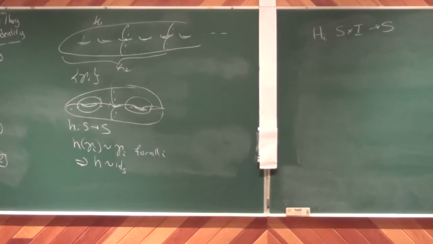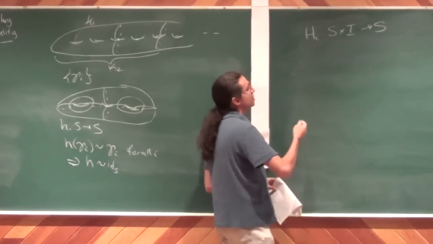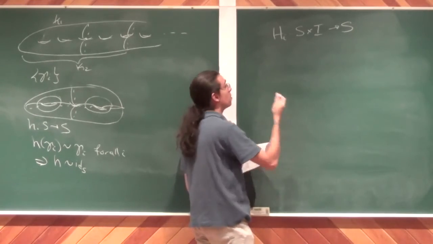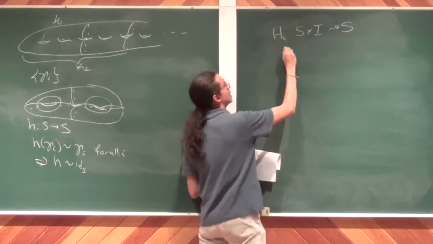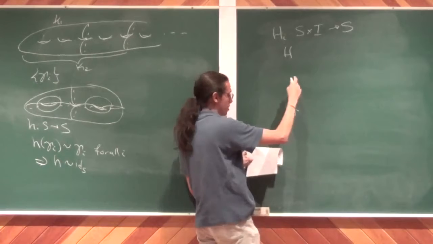We found that, using Alexander's lemma, we could find enough homotopies such that this worked for every index over there.